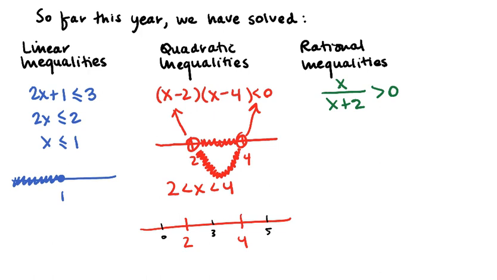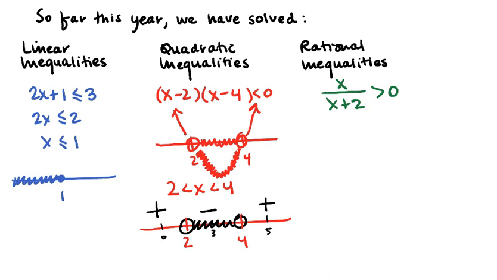And then you would plug in, okay, 3 minus 2 is a positive number, 3 minus 4 is a negative number, positive times negative is negative. And then for 5, both of these things, x minus 2 and x minus 4, would both be positive, and if x is 0, I'm multiplying negative by negative, which is also positive. And I'm interested in where this thing is less than 0, so that's going to be through here. Okay. Both of these techniques are equivalent. It depends on what you like.